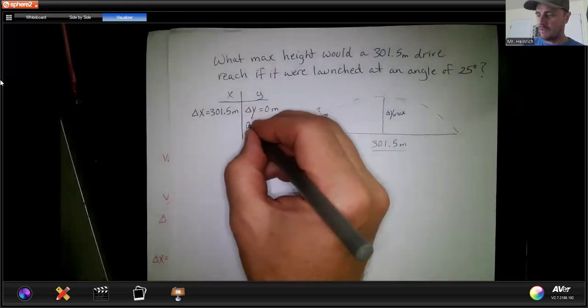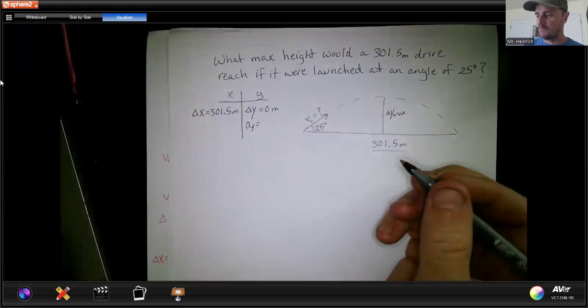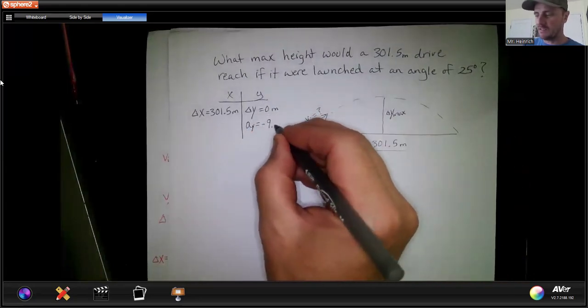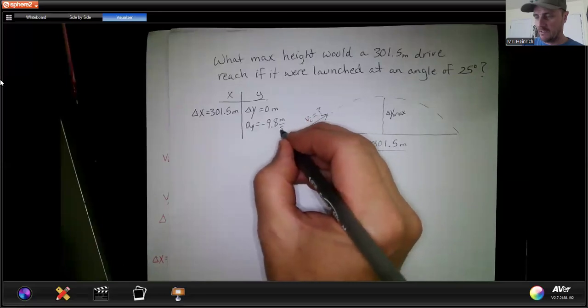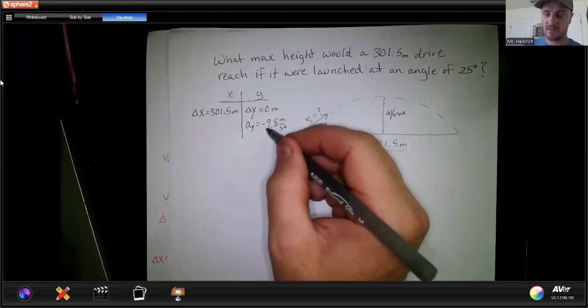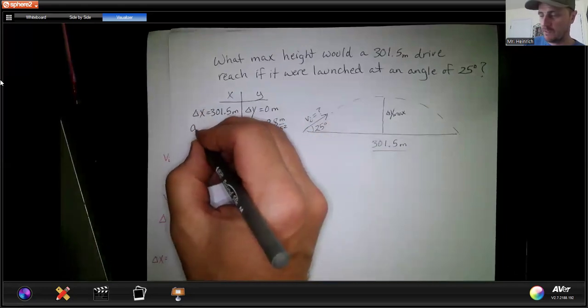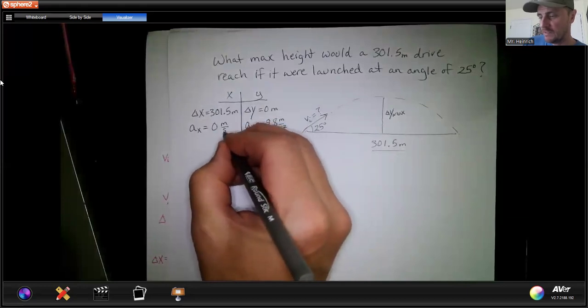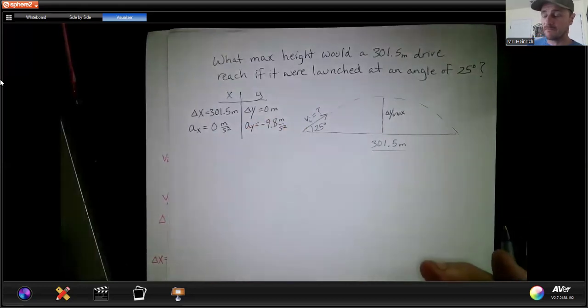Now we also know that in the y-axis, we have gravity acting, which is causing our ball to consistently accelerate downward at a negative 9.8 meters per second each second, or 9.8 meters per second squared. Our acceleration in the x-axis is zero, all right?